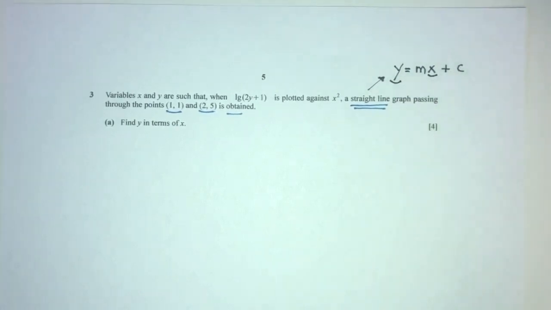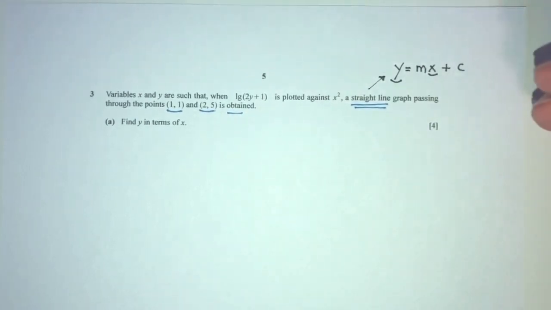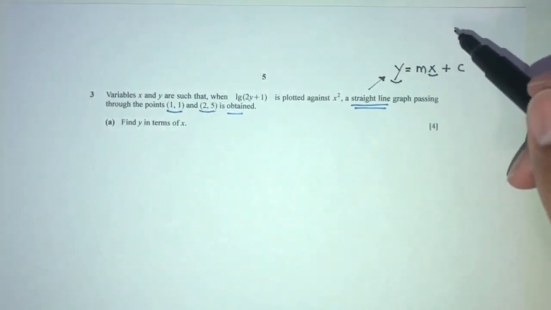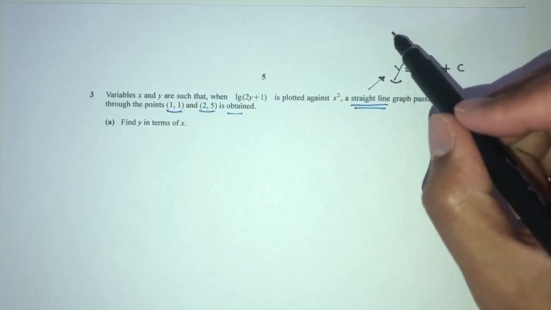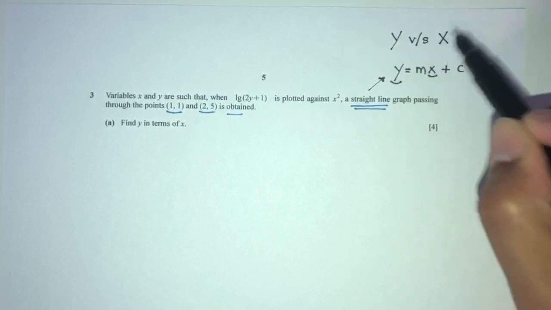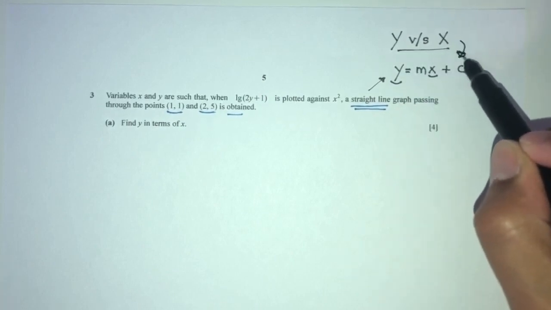You agree? Usually, in O-level paper 1 or paper 2, we do learn that if we plot y against x and we have a straight line, the equation will look something like this.